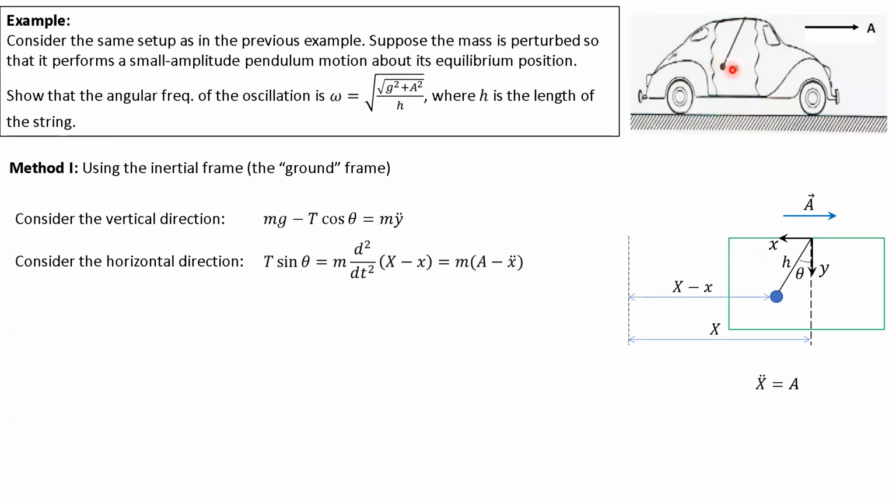In the previous example, the angle between the string and the vertical line does not change with time. Now I give some small kick to this mass so that it performs a motion like this. And what I want to study is the oscillation frequency of this motion.